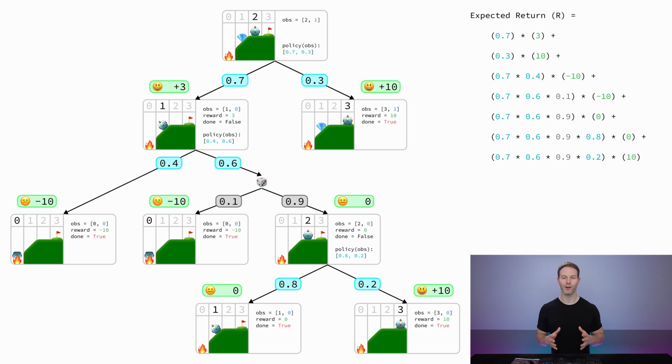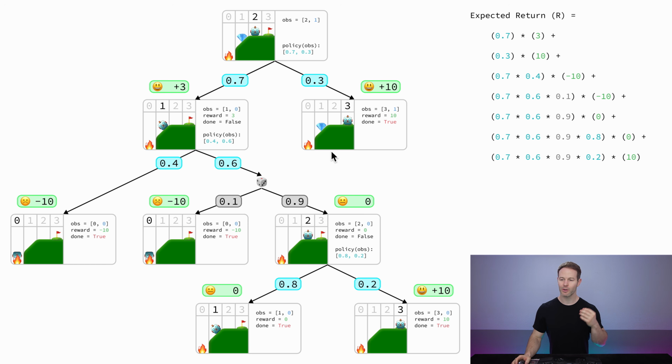And as we saw before, we can think of one step in the backwards pass of the gradient as finding all the partial derivatives of the expected return with respect to these action probabilities. So if we could find all the partial derivatives for each of these action probabilities, we could backpropagate those through the neural network, and we would get the correct gradient for updating the network.